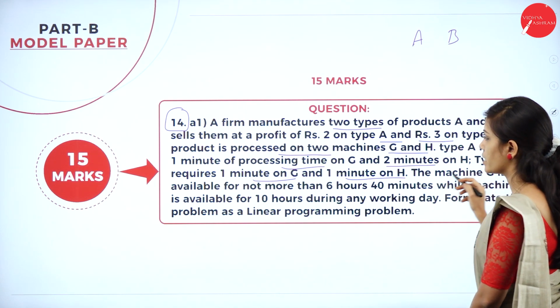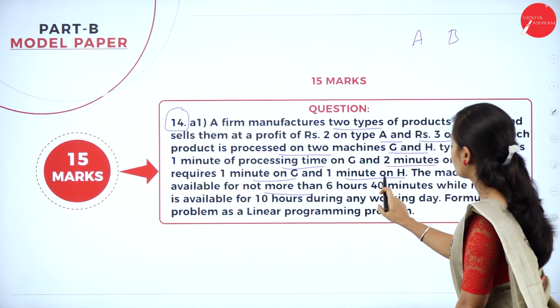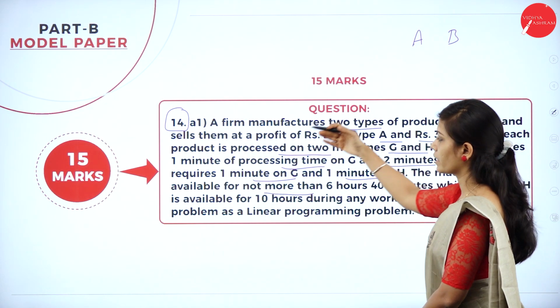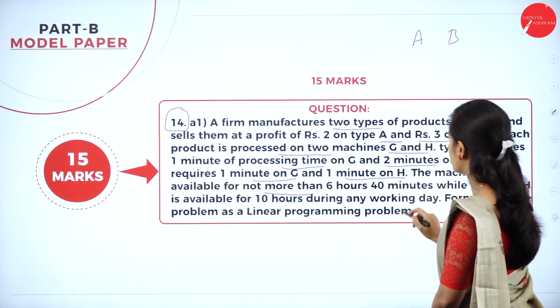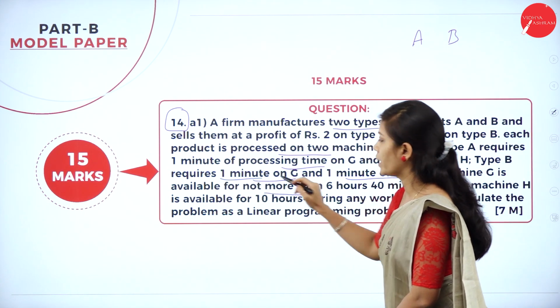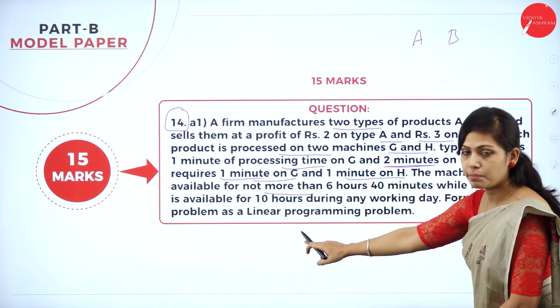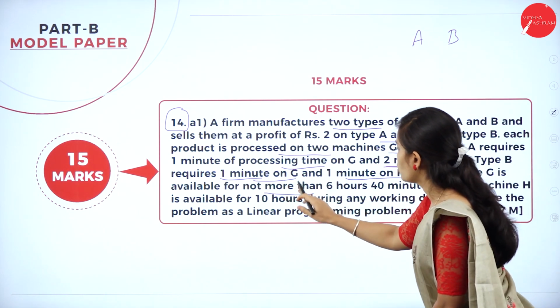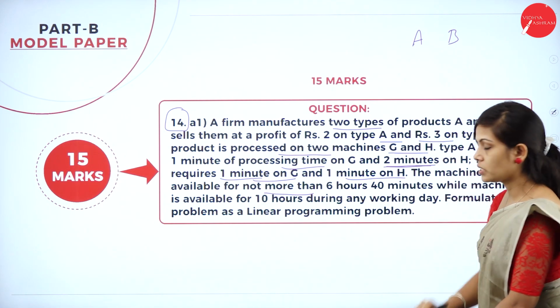The machine G is available for not more than 6 hours 40 minutes. So before that, you can observe all these values are in minutes, for example 2 minutes and 1 minute. Is it right? But here the machine G has availability of not more than 6 hours 40 minutes. That is for machine G.